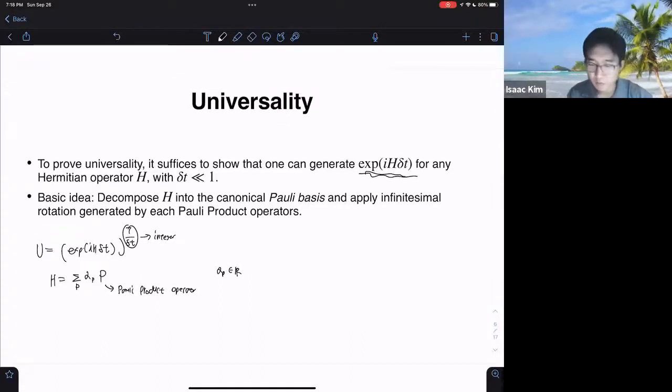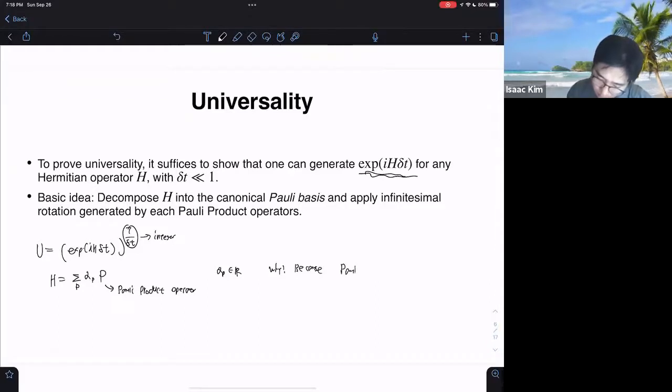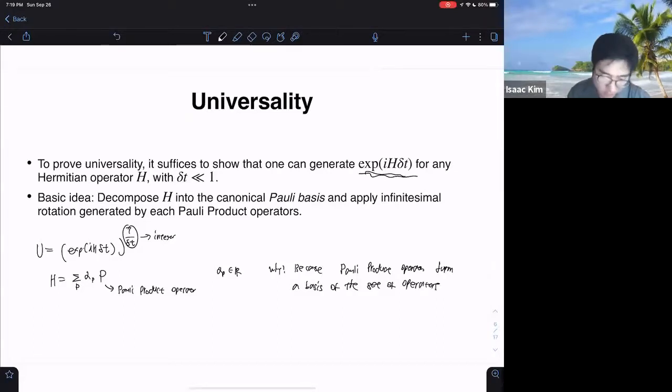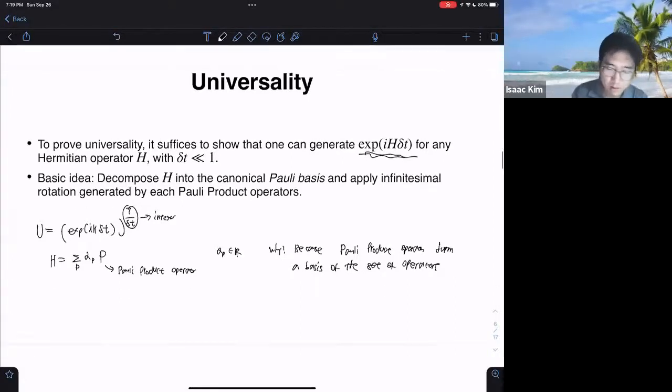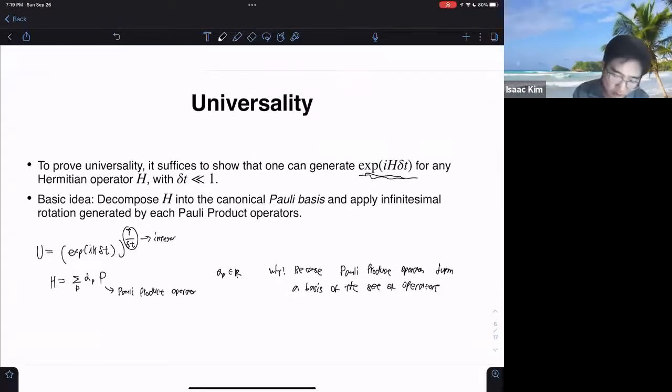This simply follows from the fact that these Pauli product operators form a basis of the set of operators. So without loss of generality, any operator you can expand in terms of these Pauli product operators.